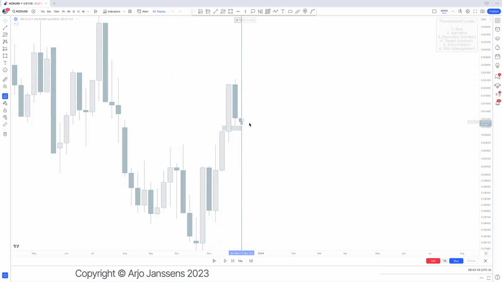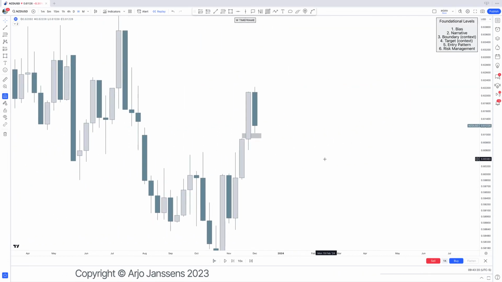So if we want to continue higher right there, then what is the first alert that we use? The first alert is set at the discount array that we actually expect higher prices from. So why do we actually use these alerts right here?